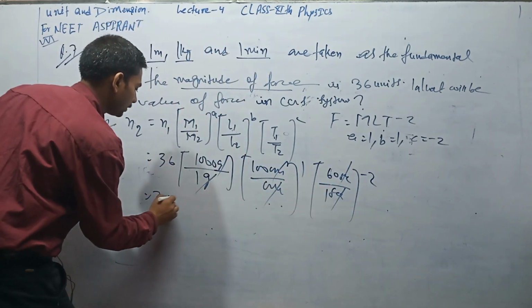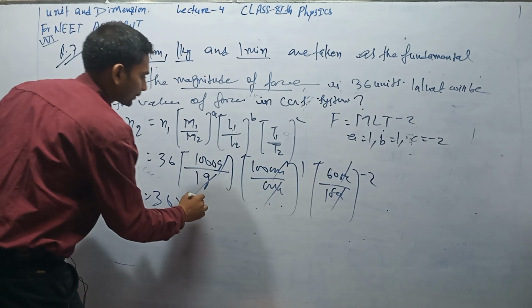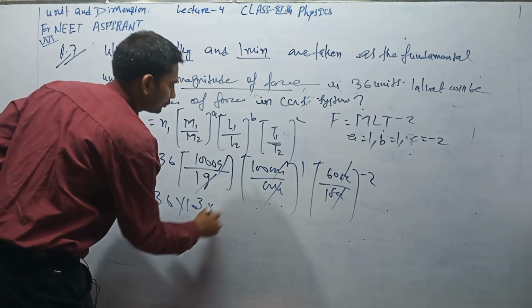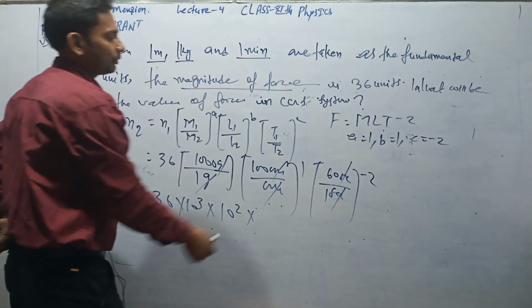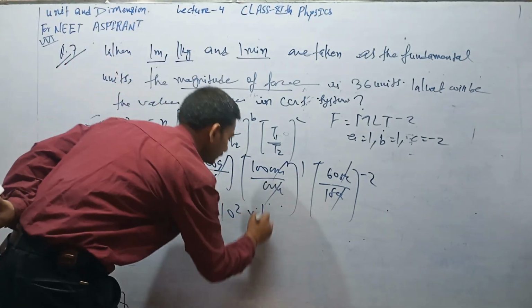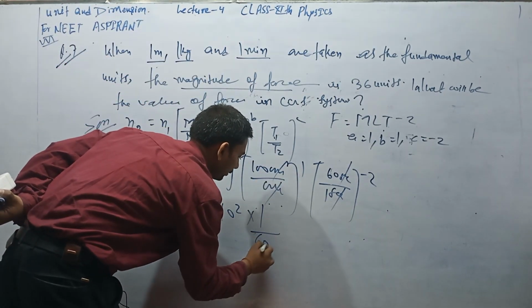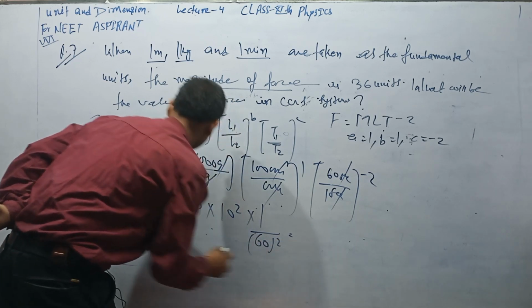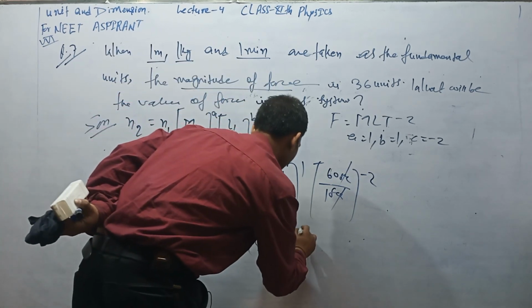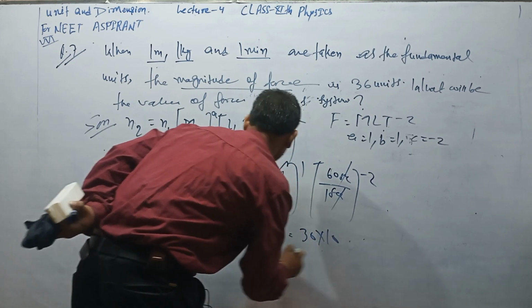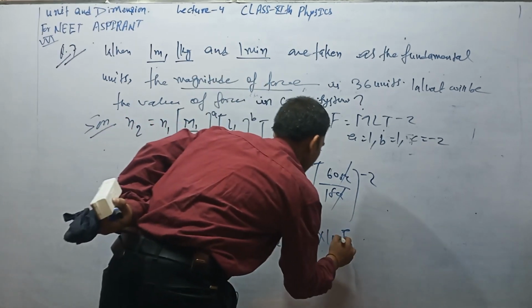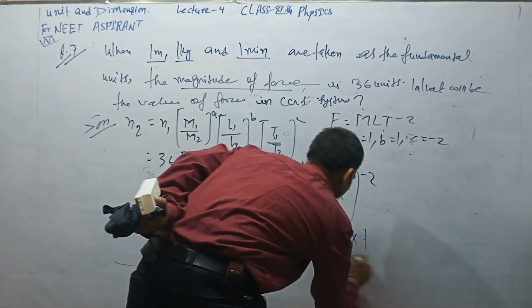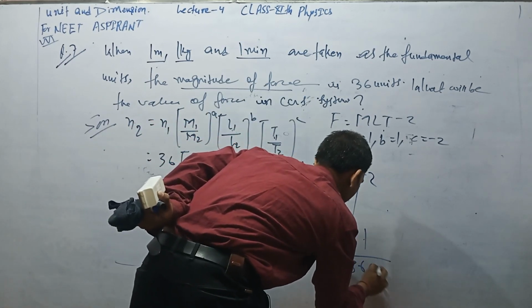So 36 into 10 to the power 3 into 10 to the power 2 into 10 to the power minus 2, that means 60 squared, so 36 into 10 to the power 5 into 1 upon 3600.